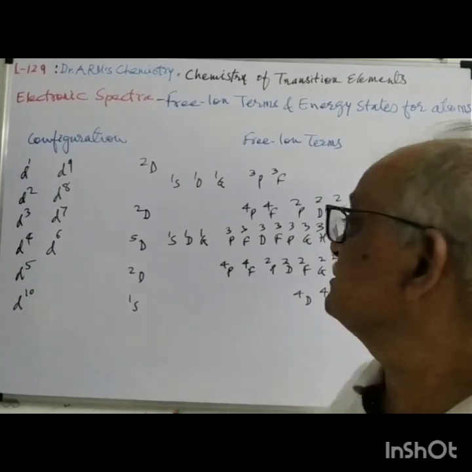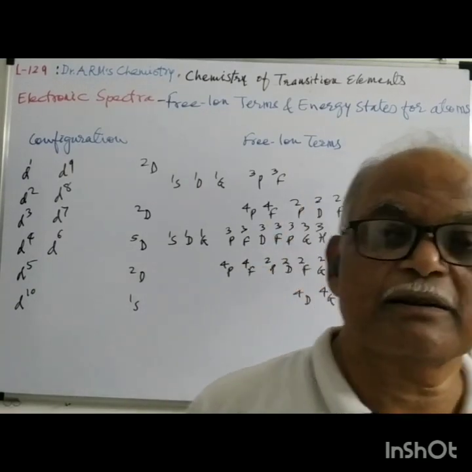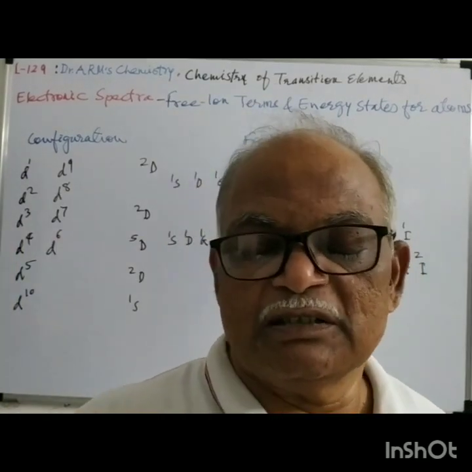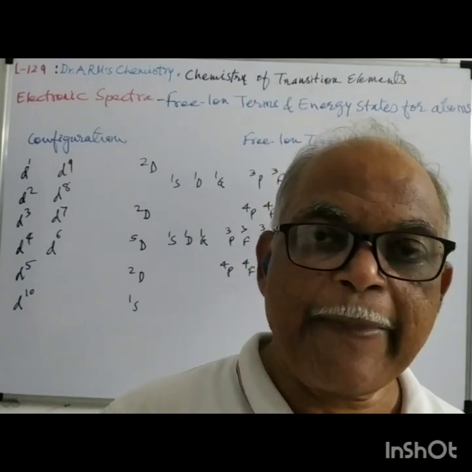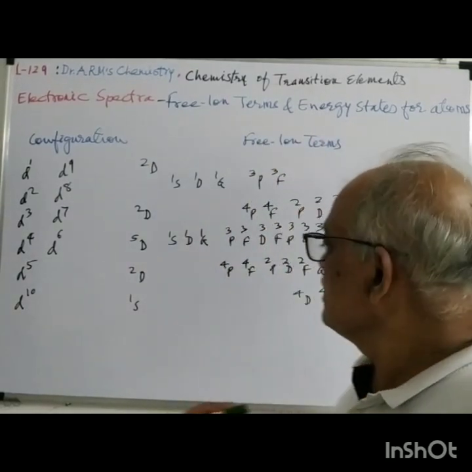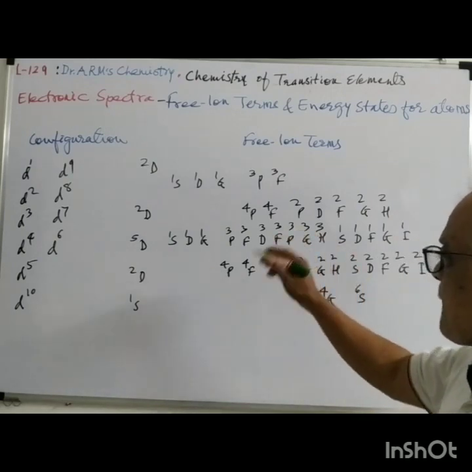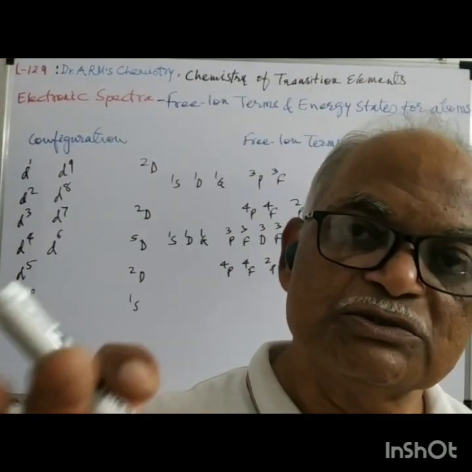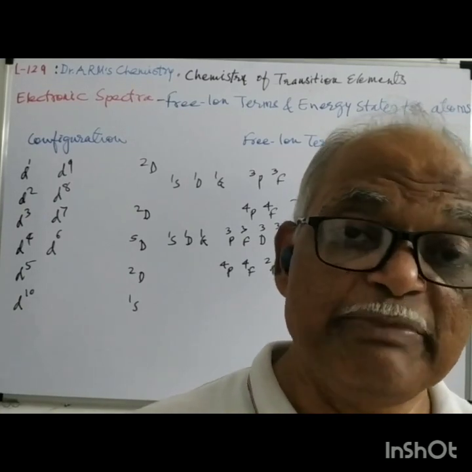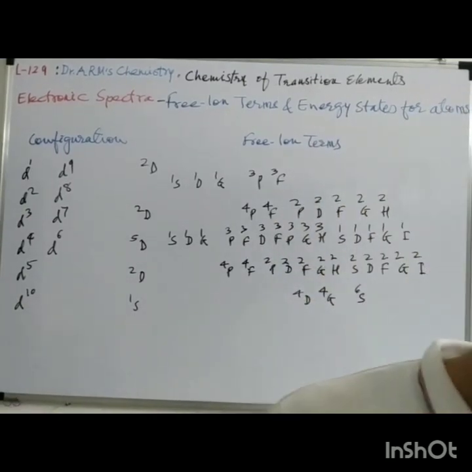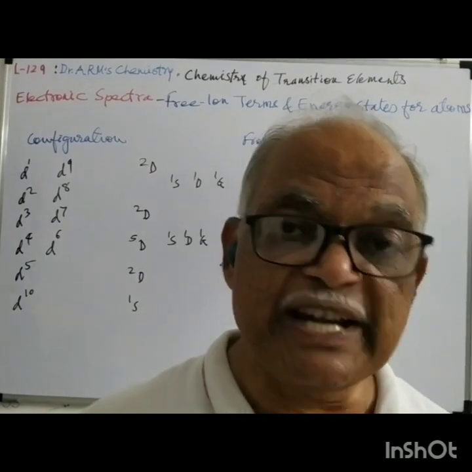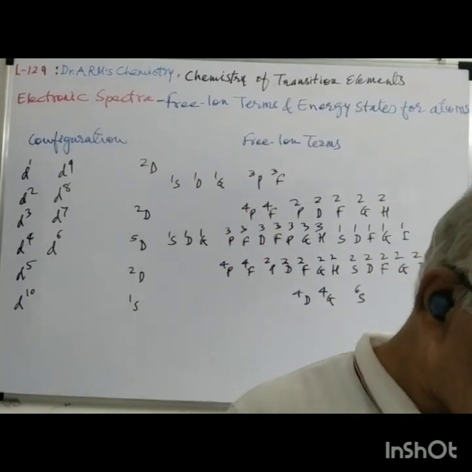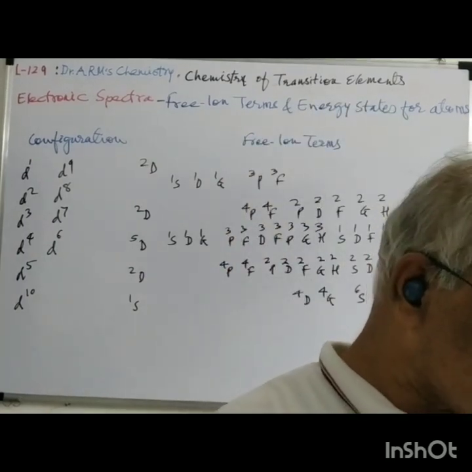Many of the free ion term states are repeated in microstates of the electrons. Therefore, we have shown here only those states which are not repeated. So, how to find out the microstates? That we will discuss here also.